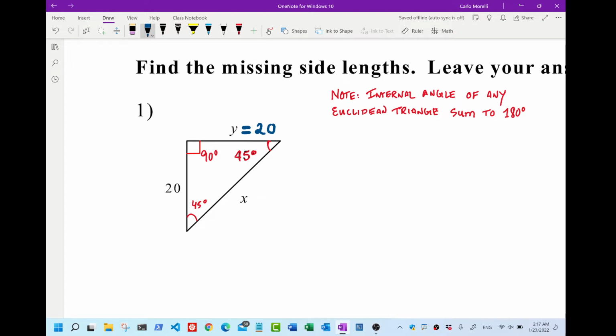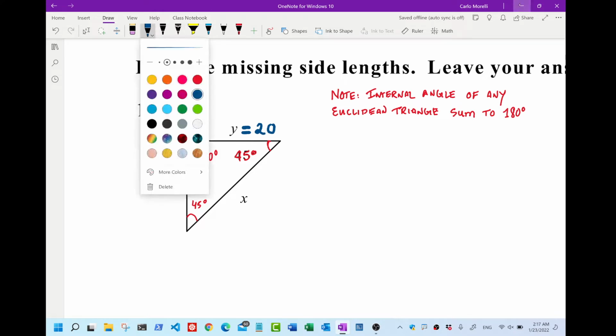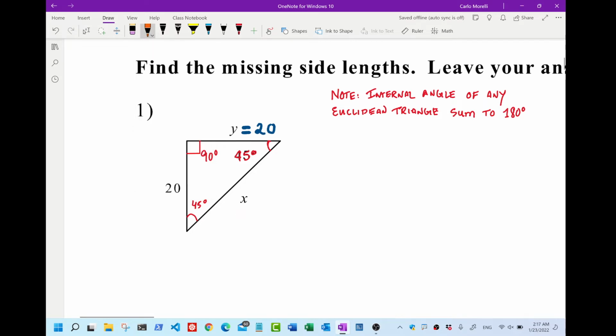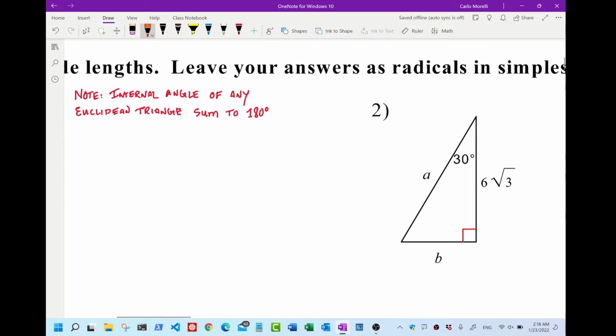But what about x? All right. Now there's an easy way to do this, and there's a harder way to do it. We'll start off with an easy way to do this. Okay, so remember the relationship that we showed over here.